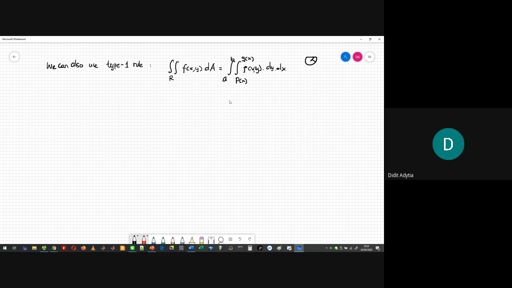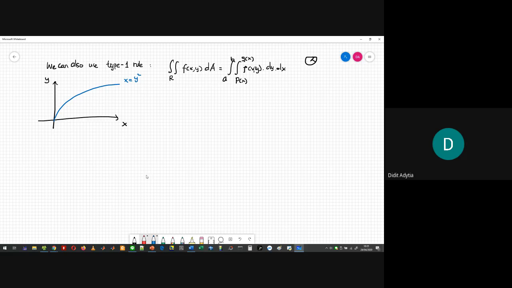Now we calculate again, we draw the relations, okay. First, I'll rewrite again the figure. This is our figure. This is R, this is x, and this is y. And then if you still remember, this is x is y squared, okay.